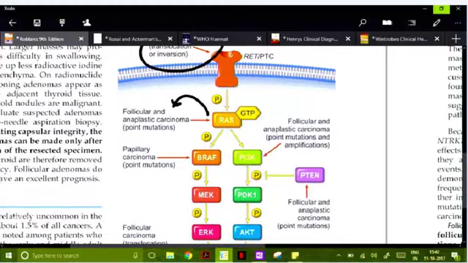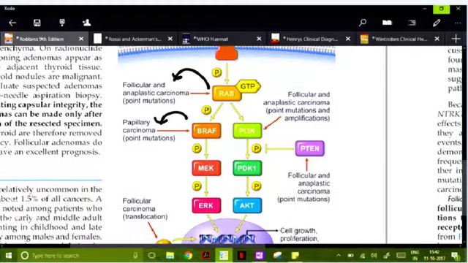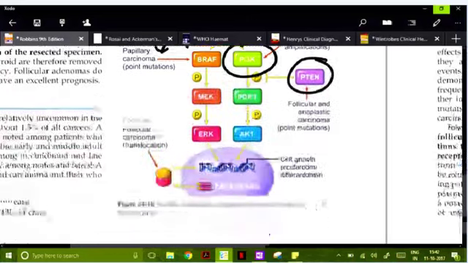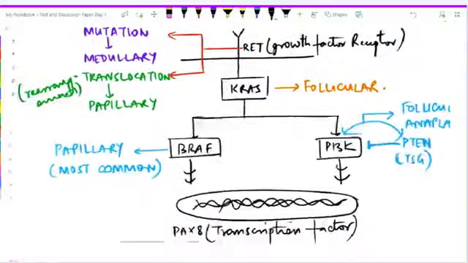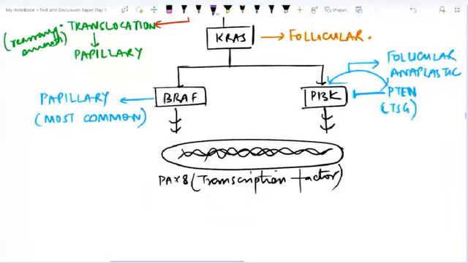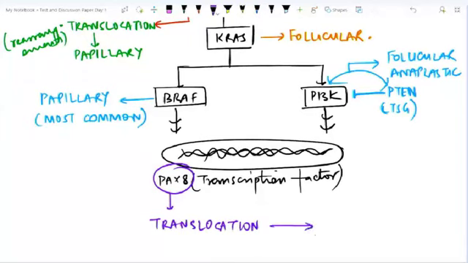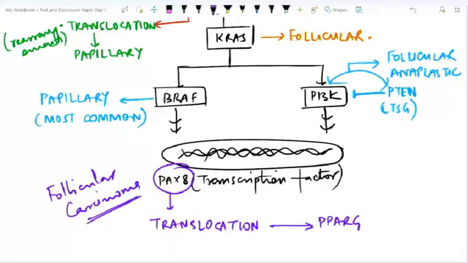RAS is follicular carcinoma, BRAF is papillary carcinoma, follicular and anaplastic are both PTEN and PI3K, and the last one that we were talking about here, PAX8, undergoes translocation with the PPARG gene, and that is seen in follicular carcinoma. Okay. So I hope the genetics of thyroid are clear.